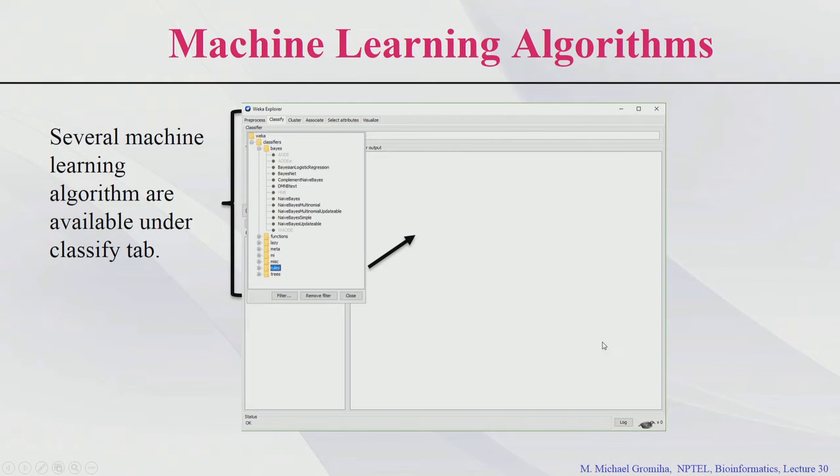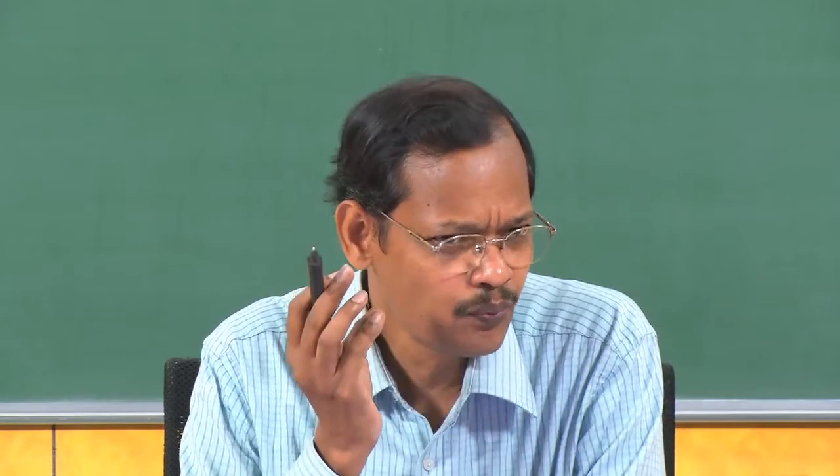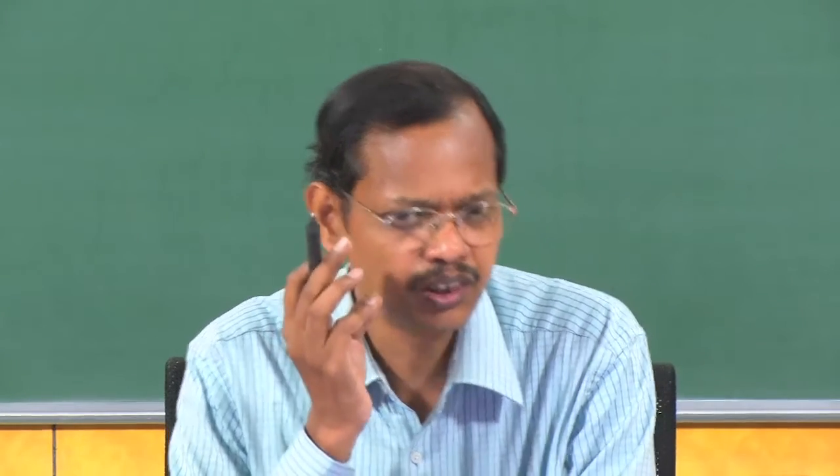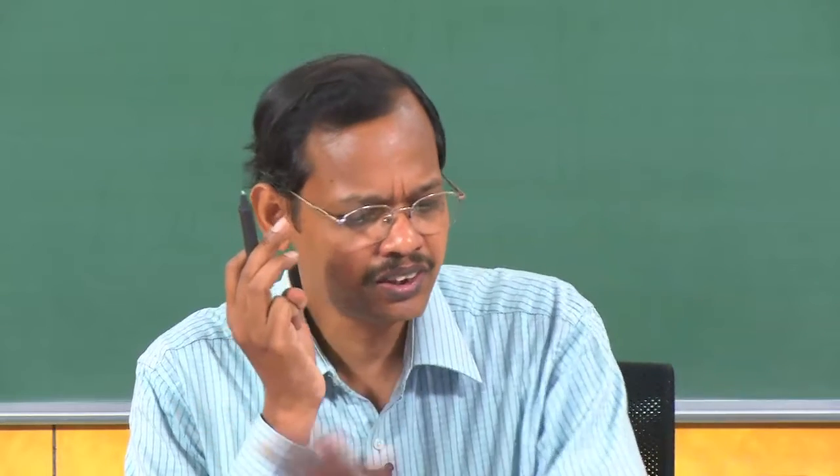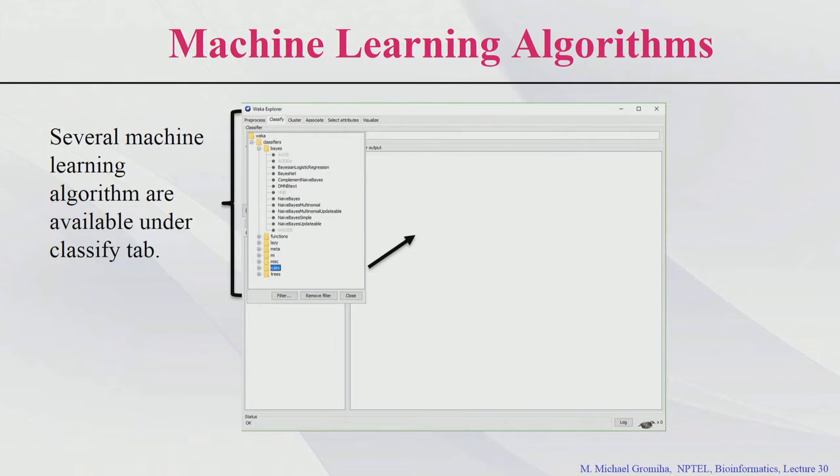Now, the next question is, you have to choose the algorithm. We set the problem, we collected the features, we gave the features. Now we need to choose a method. Various methods are available in the WEKA platform. Broadly they classify into bayes, functions, meta, rules, trees and so on.